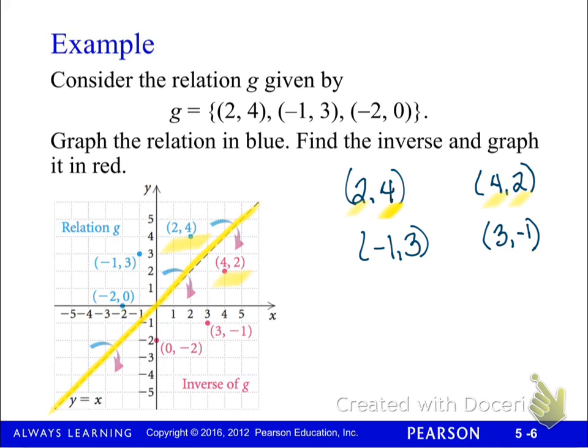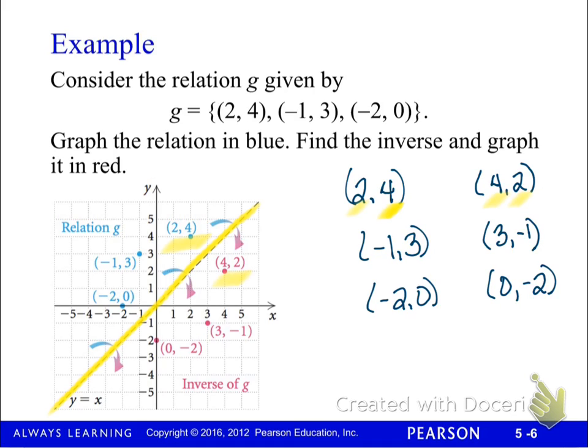Okay? Our final point here is (-2, 0), and when we find the inverse of that, we get (0, -2). Now this situation right here is ordered pairs, and I think the ordered pairs help us to get an idea of really what we're looking at.